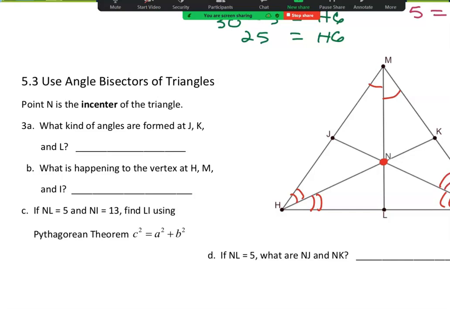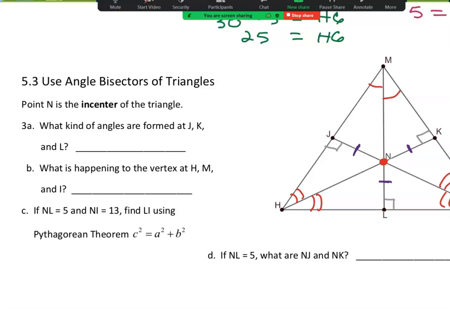And more things happen. From the incenter to the opposite side forms a right angle, all 3 times. And one more thing's going to happen. This will equal this, will equal this.